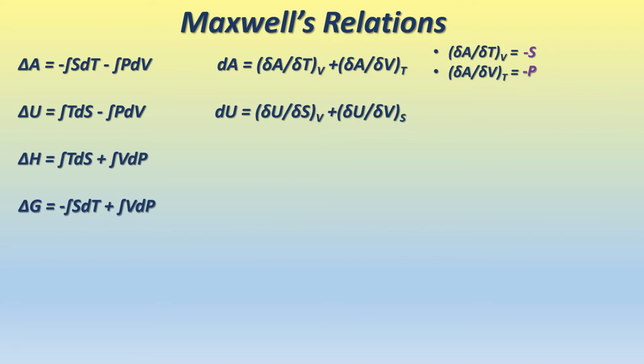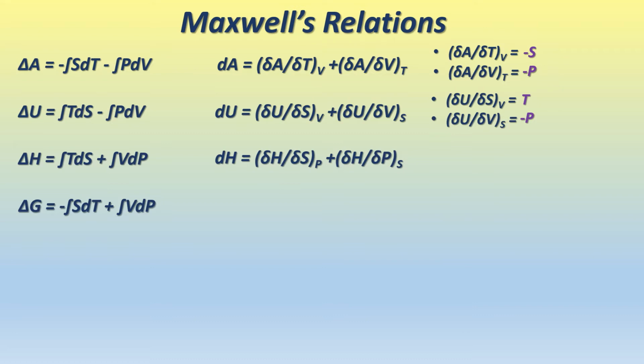Internal energy, the total differential, would be the partial of U with respect to S at a constant V, which is going to be equal to, once again, you get rid of the U, you get rid of the S, you get rid of the V, that's equal to temperature, plus the partial of U with respect to V at a constant S, where the only thing that remains is, again, negative P. Enthalpy.